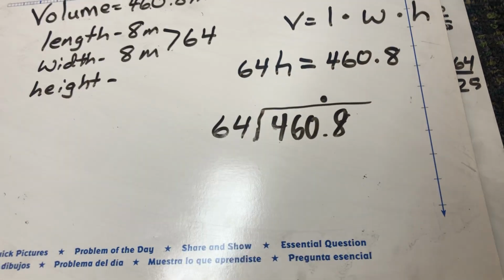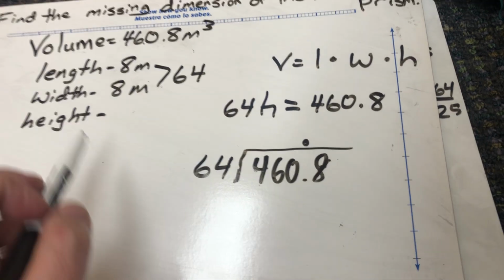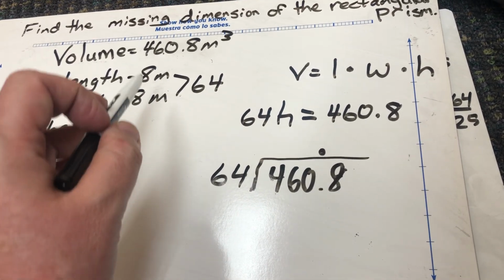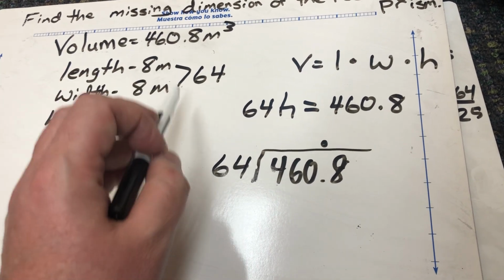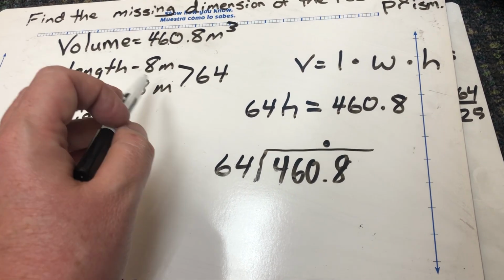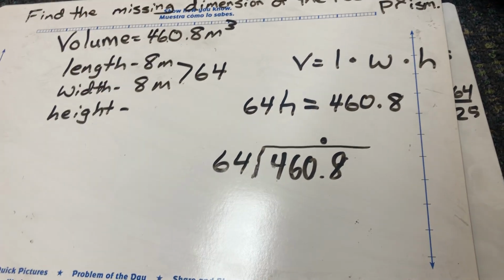I'm going to put my decimal straight up. So you can think of it algebraically. You can also think of it simply as it's 8 times 8, which is 64. Whatever the product is of the two numbers that I multiply here, I'm dividing my volume by that number.